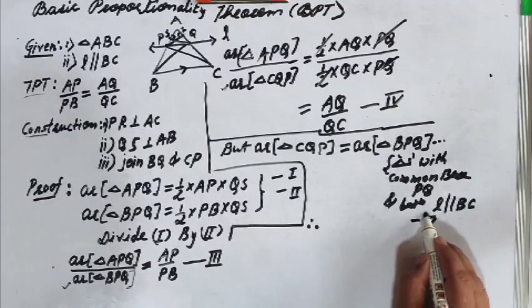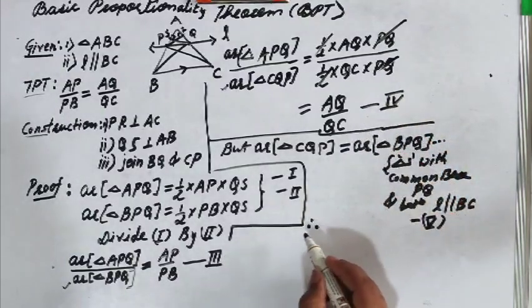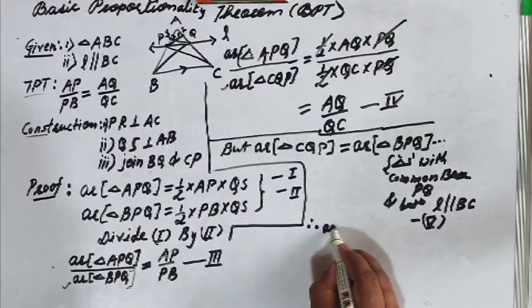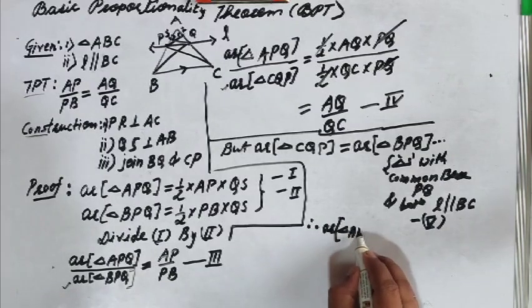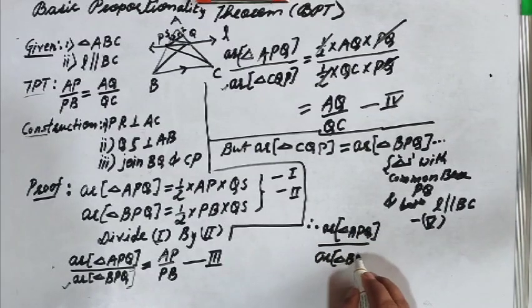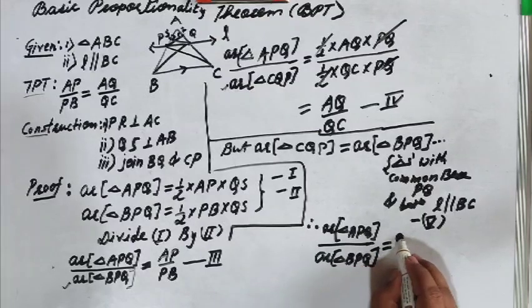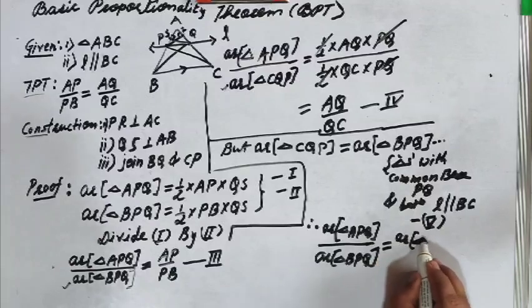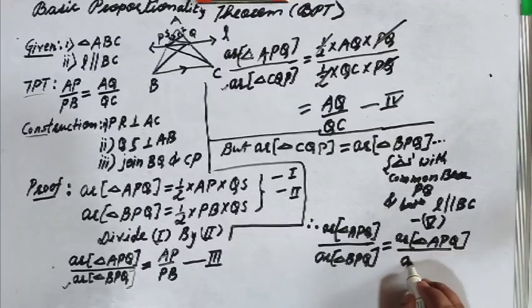So with this point number 5, for points number 3, 4 and 5, we can conclude that area of triangle APQ upon area of triangle BPQ is equal to area of triangle APQ upon area of triangle CQP.